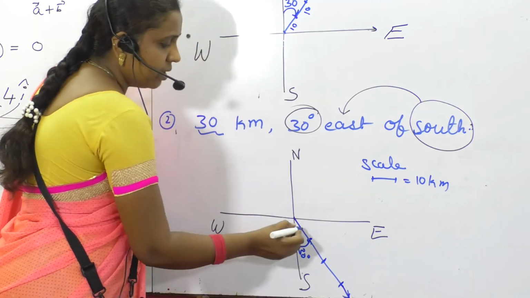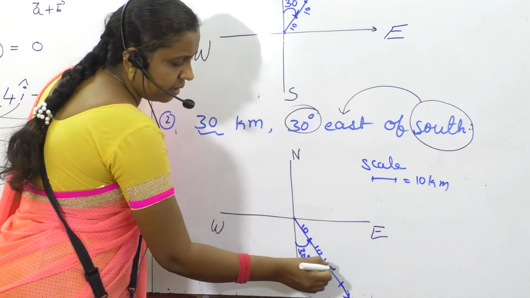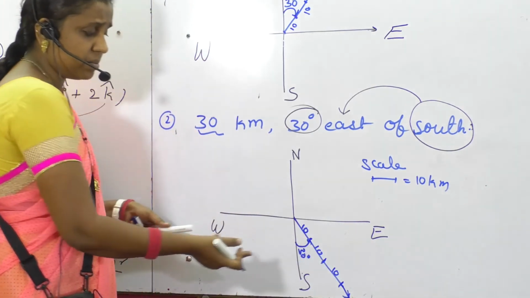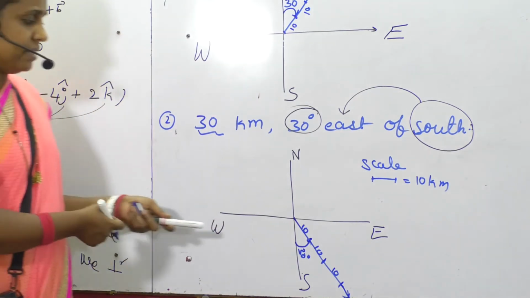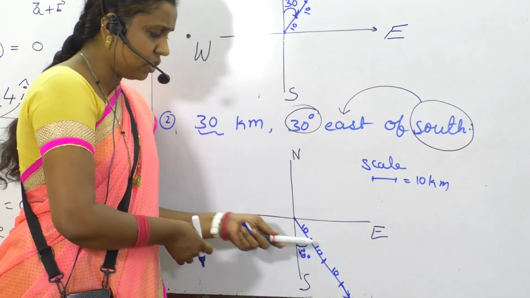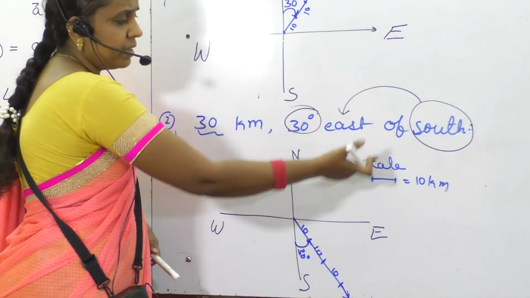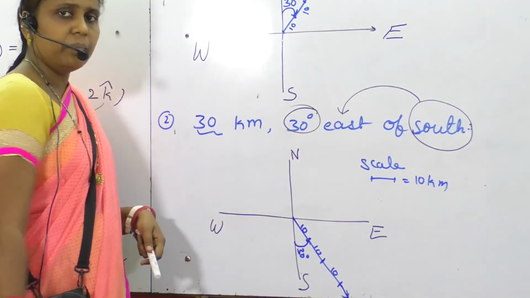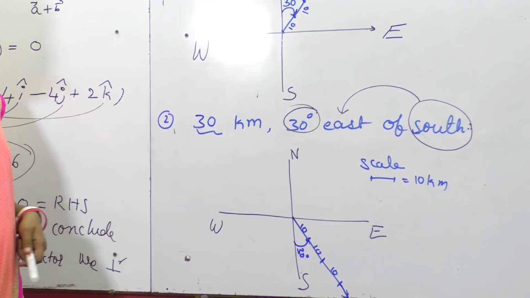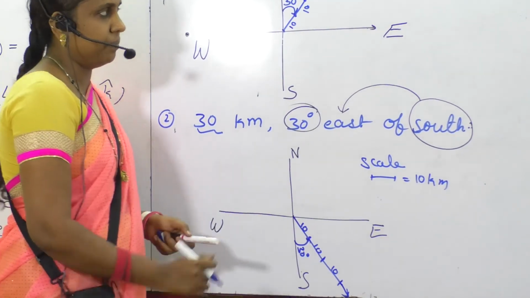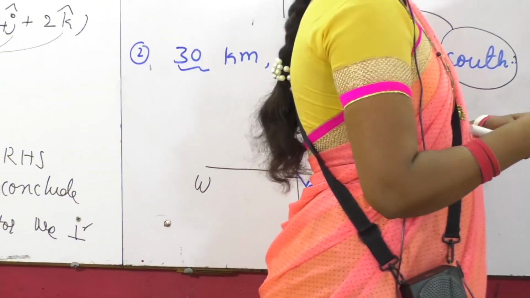Direction it is. Okay, so this is 10, 10, 10. It is not necessary to write; I am just making you understand. So it is of 30 kilometer distance. So this is how we can use scale and mention over there. Is this clear? Okay. Now the last thing.